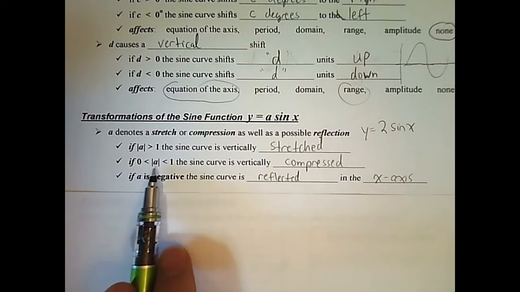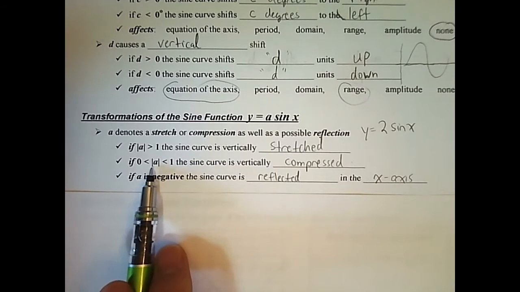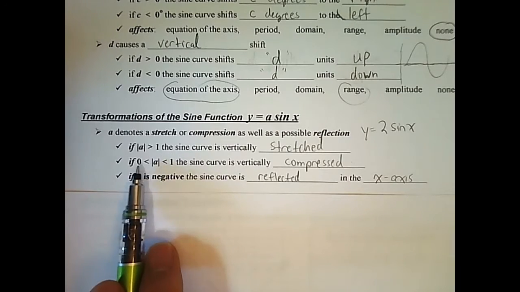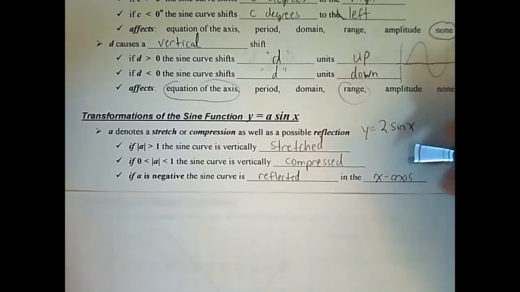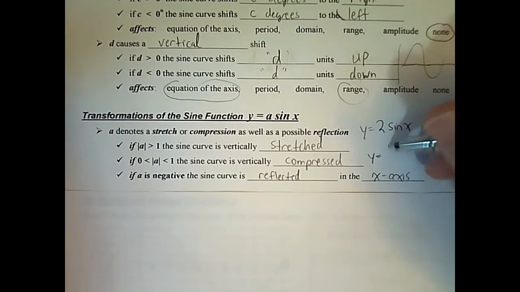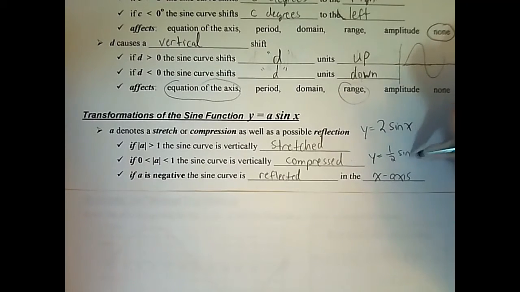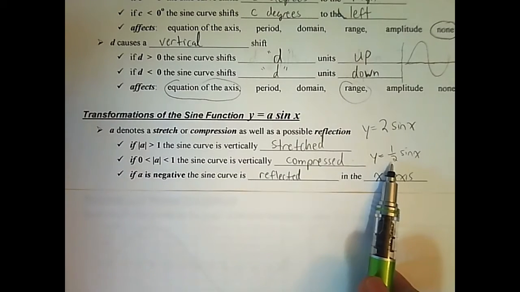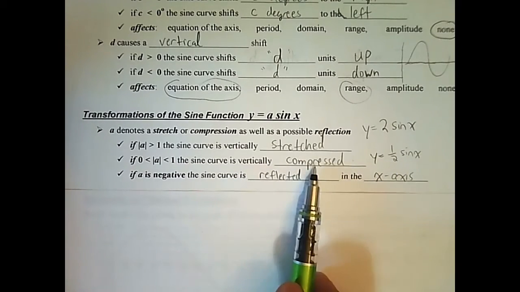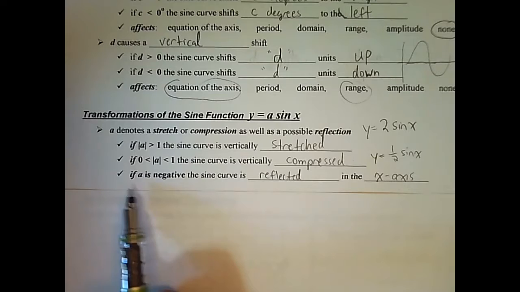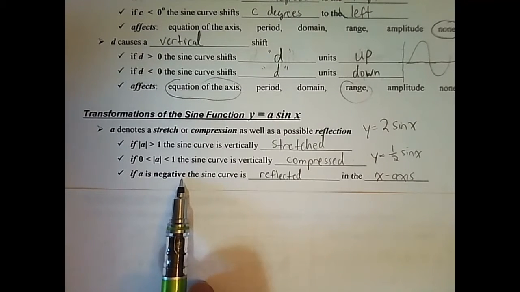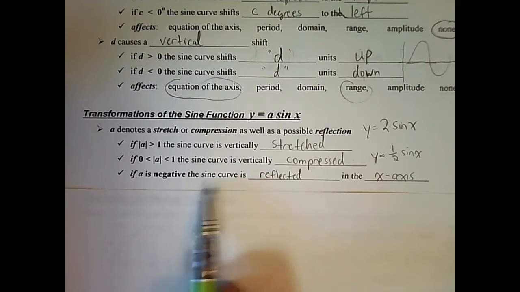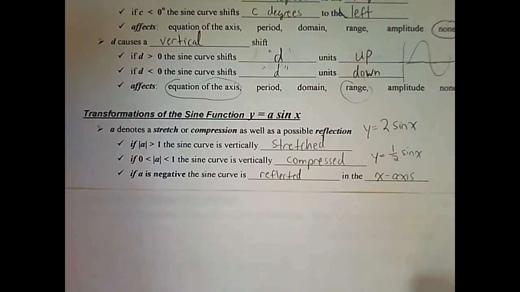And if the absolute value of a is between 0 and 1, meaning it's a positive value between 0 and 1, this means it has to be a fraction, like y is equal to 1 over 2 sine x. If it's a fraction, then it's got to be vertically compressed. And lastly, if a is a negative value, then the sine curve is reflected in the x-axis.